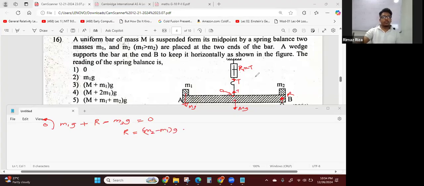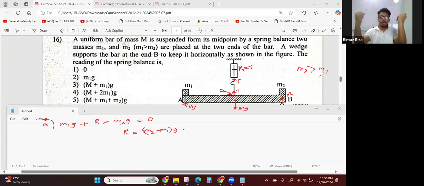Okay. So those who have good practice in such questions, they won't write anything. They will do the calculation. They know this R will be equal to M2 minus M1 G. Even when I'm reading this, I can understand R equals M2 minus M1 G. Since M2 is greater than M1, the moment this side is M2G and this side M1G.